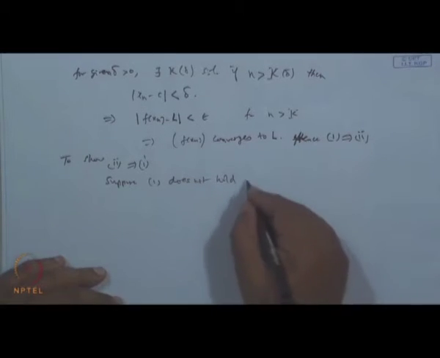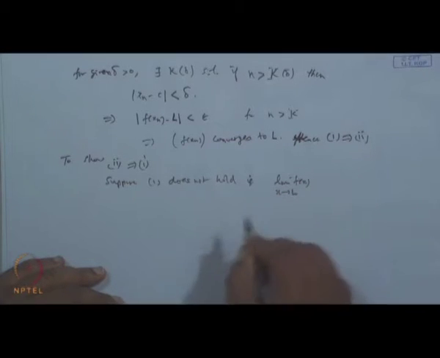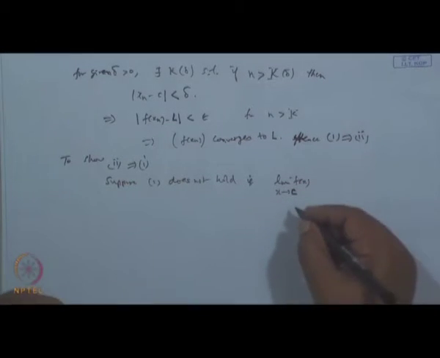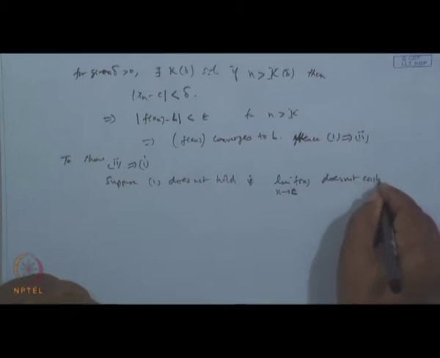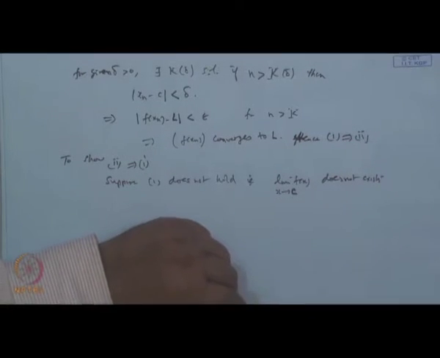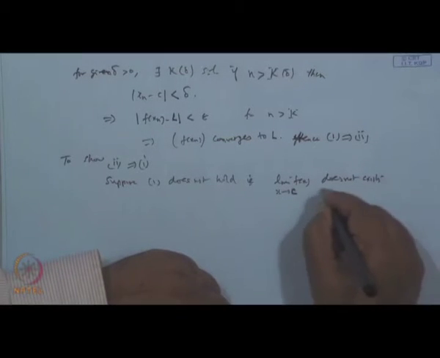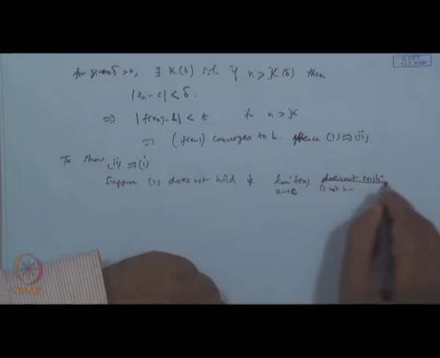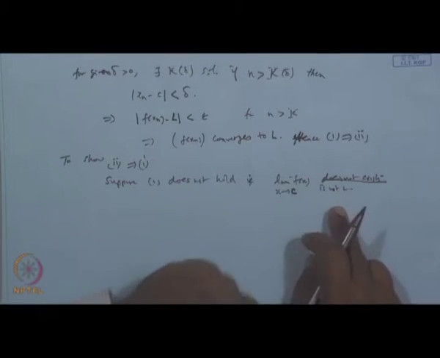It means that the limit of this function f(x) when x tends to C does not exist, or does not go to L, is not L. Suppose this limit is not equal to L, does not exist or is not L. If it is not L, or different from L, what do we mean by that?